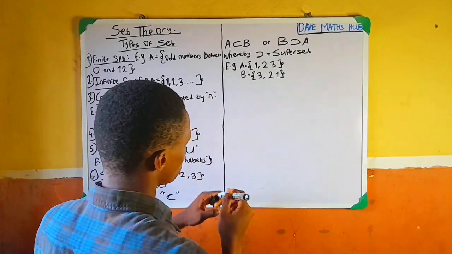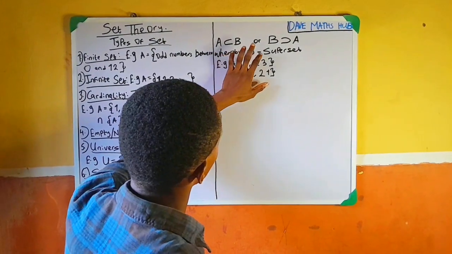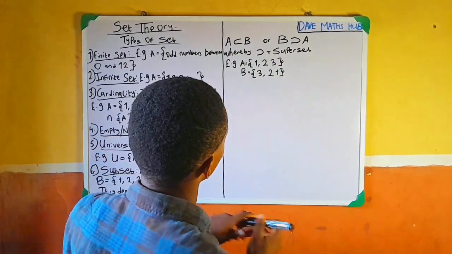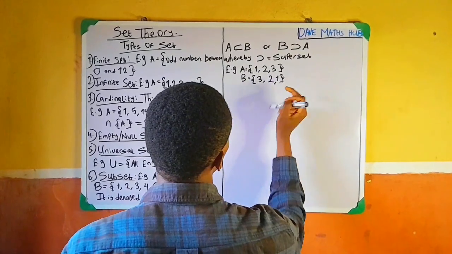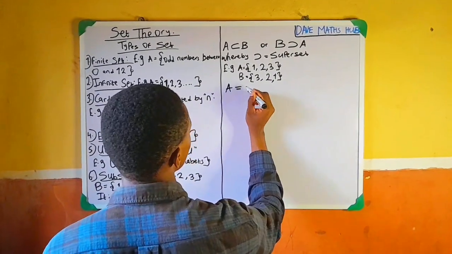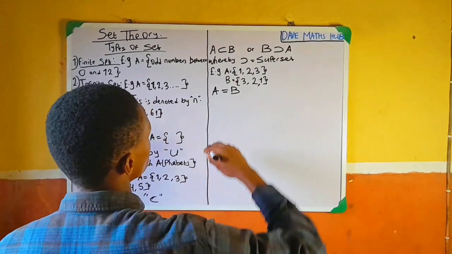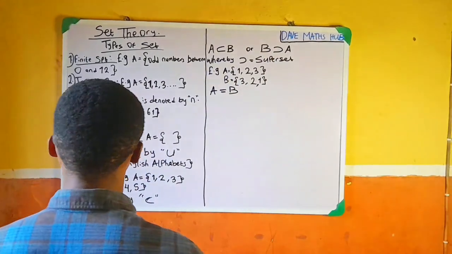So now, irrespective of how they are arranged, since they are both 1, 2, 3, and this one from the back it can be seen as 1, 2, 3, you can just say A equals B. So in this case now, there's no subset, there's no superset, they are both equal.